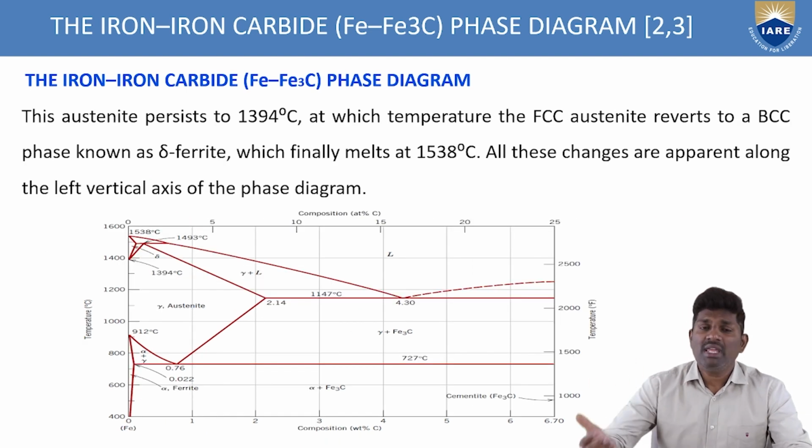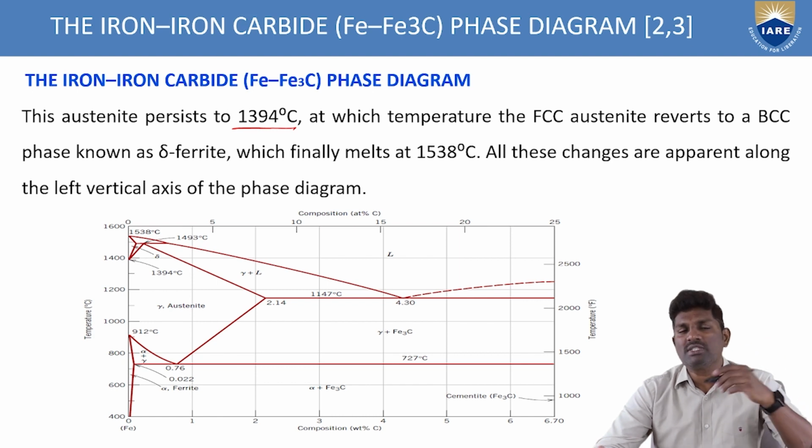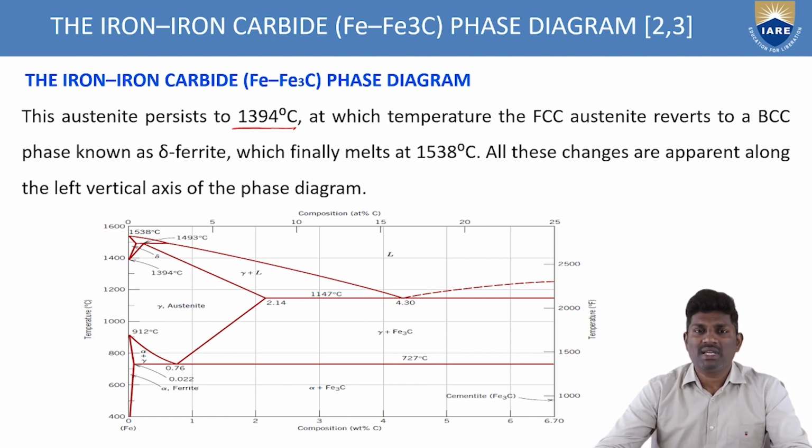Now if you further heat, what is happening at 1394 degrees centigrade? The austenite, which has an FCC type of crystal structure, slowly converts again to BCC. So it is a complete cycle process. The face centered cubic structure converts back into body centered cubic structure.